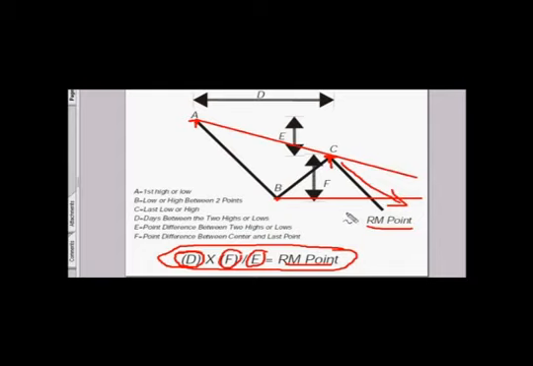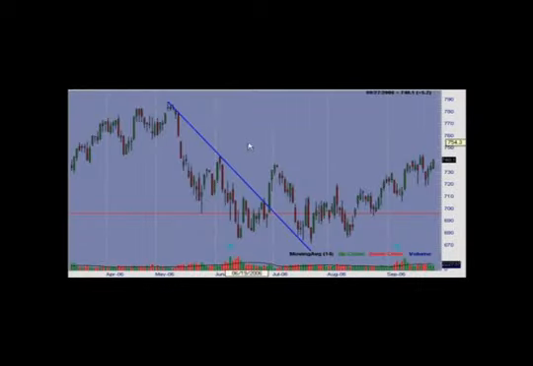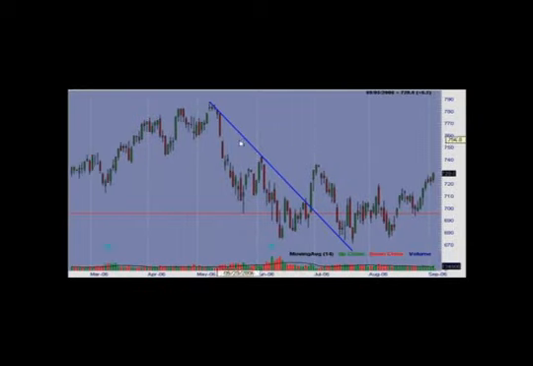Now this may sound a little confusing, so let's actually look at it on the chart and see how it would work. In the chart, this would be our first point, and so the high here would be our first part of the calculation. This would be our last point, and this would be our opposing point. And so the first part of the formula is actually the time between the first point and the last point.